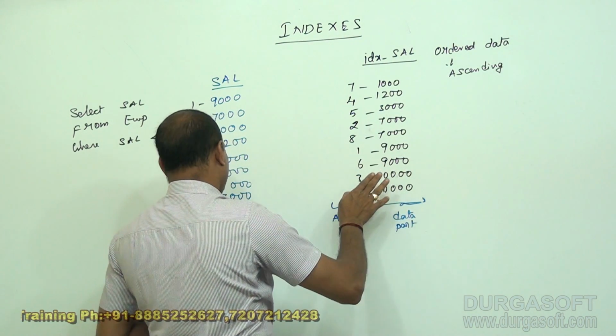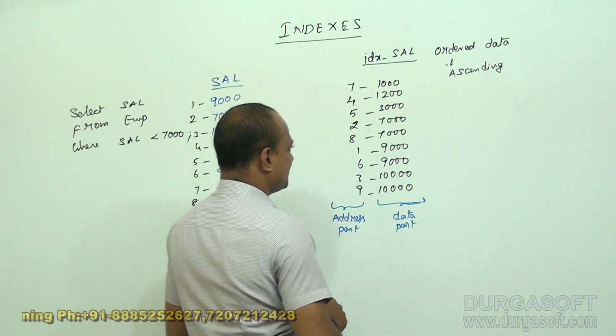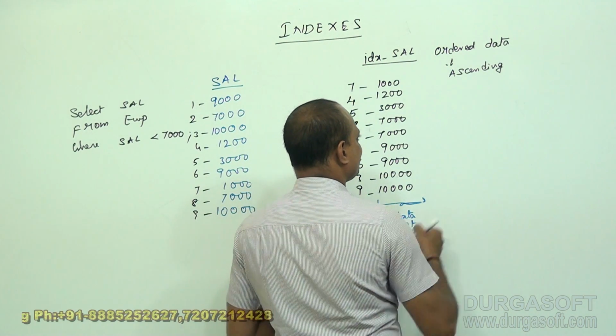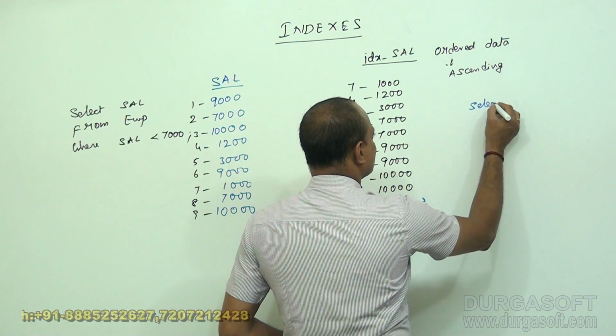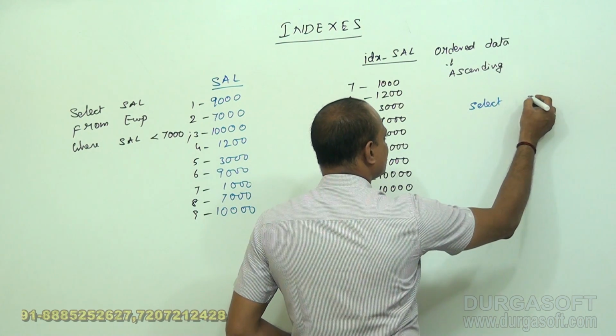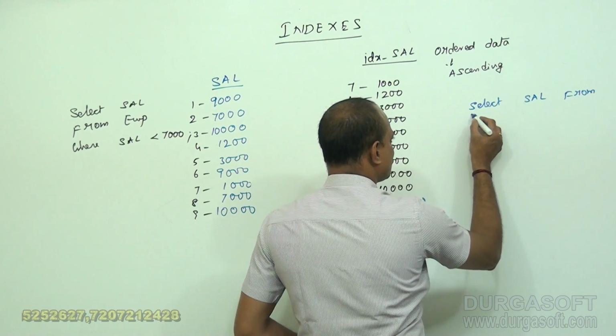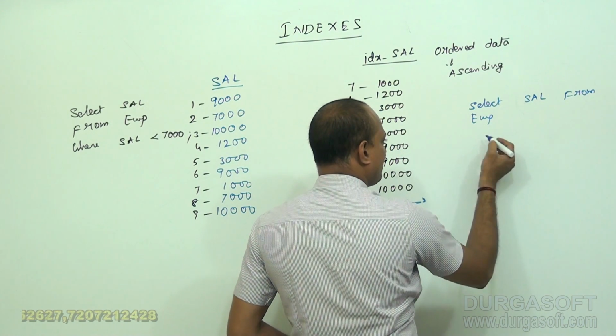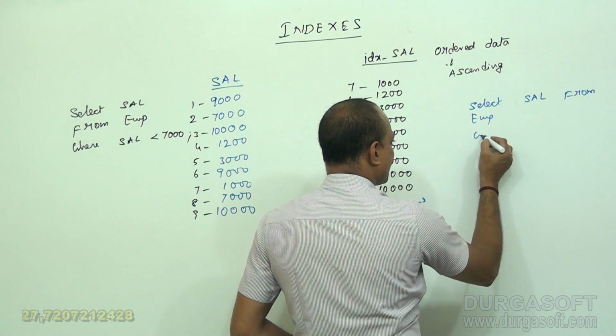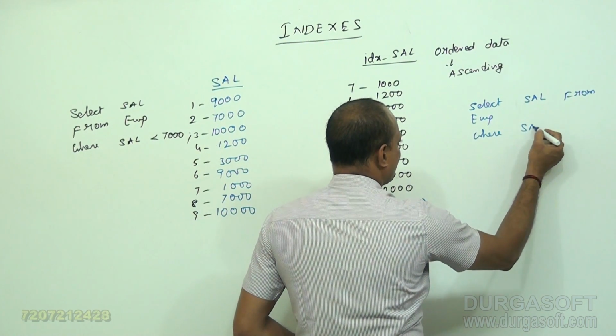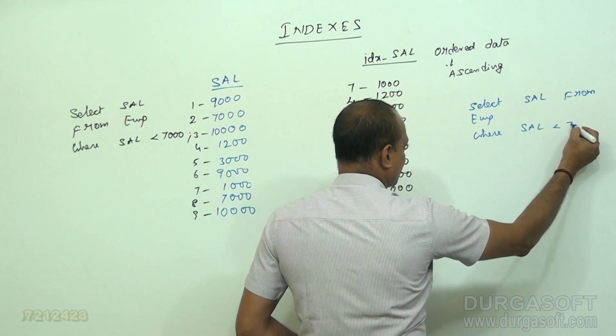Now, if you create an index on the column, the data is maintained in this way. Now execute the same query. After the index, I am selecting the same data: select salary from EMP where salary less than 7,000.